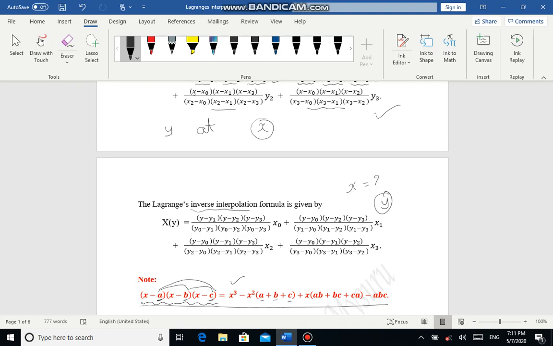So observe here, x into ab plus bc plus ca minus the product of all the three constant terms abc. So use this technique to multiply the 3 factors. We know how to multiply the 2 factors x minus a and x minus b. But if you have 3 factors, this is very useful to solve the problem.